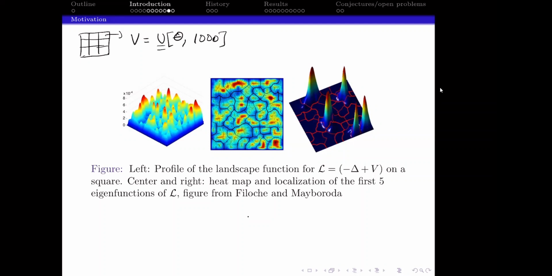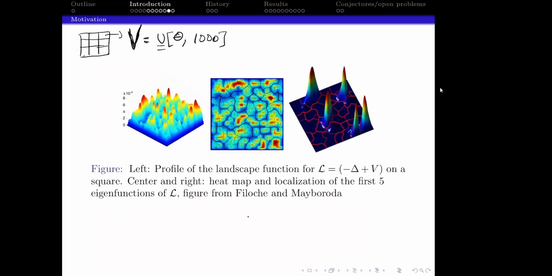So you take this random potential and then you look at where the localizations are happening, and they can actually predict it. Numerically, they look at this landscape function. You see in the rightmost picture, the first 5 eigenfunctions are captured within what they call the potential wells of this landscape function.